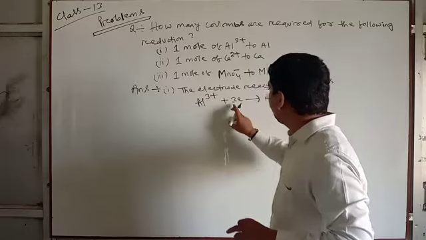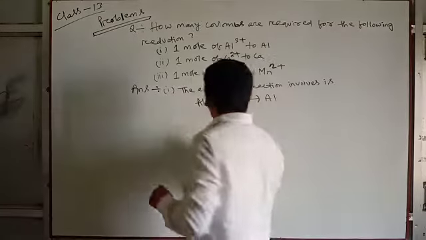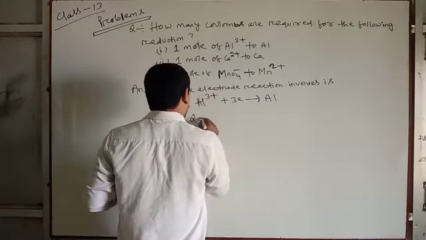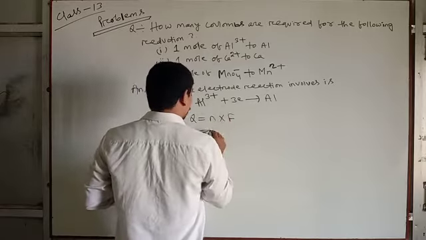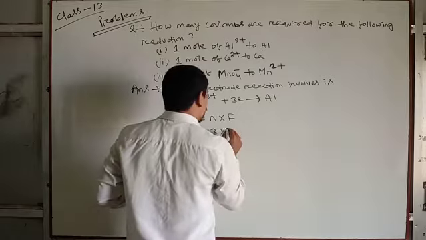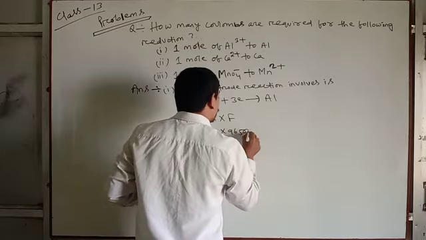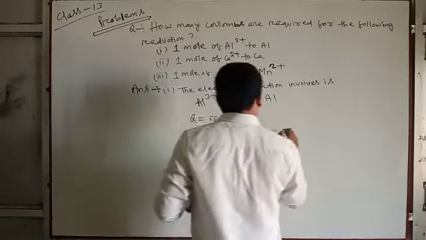So how many electrons here? 3 electrons. So Q equals N into F. N is 3. F, as you know, is 96500 coulomb. So this will be how much?